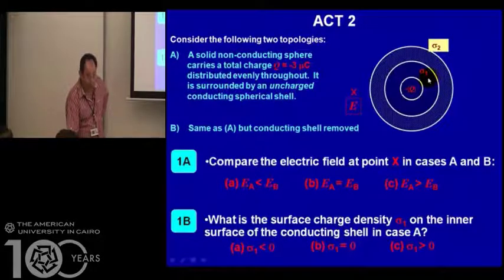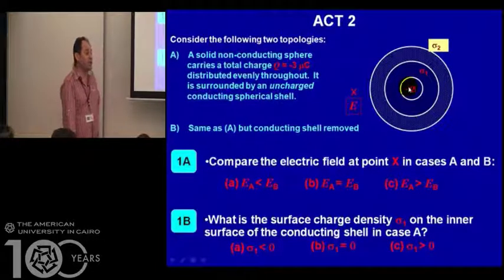Then you have another spherical shell that does not have any charges. This distance in between them is not a shell, it is a vacuum, it is air. And this is a spherical shell, and this is a solid non-conducting sphere.